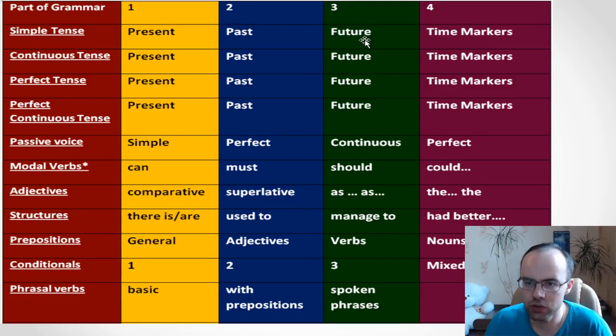If you know these simple tenses, you'll be able to speak about the present, about the past, and about the future. It's what you need for a start. It's your first step.